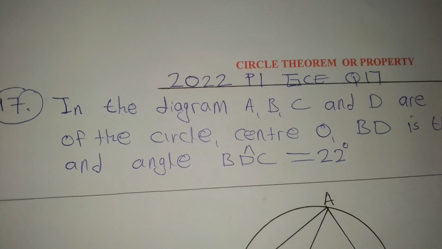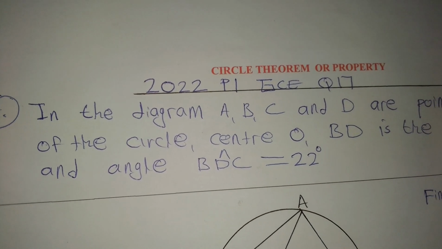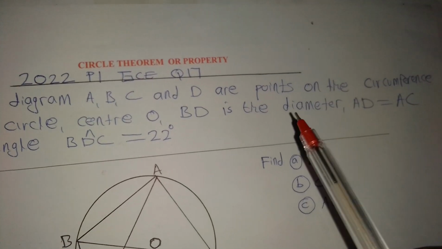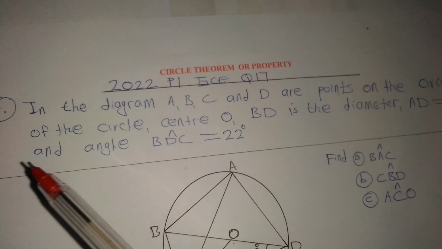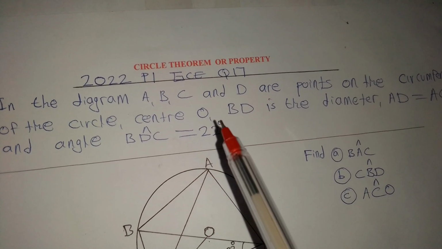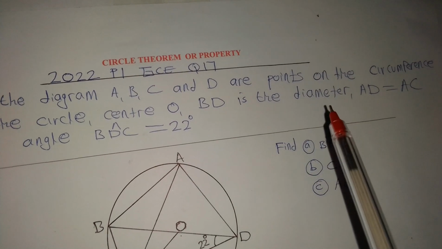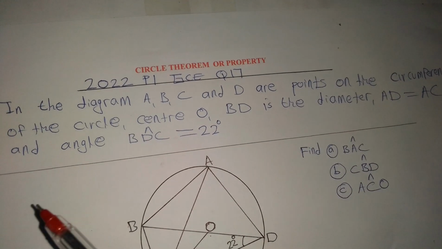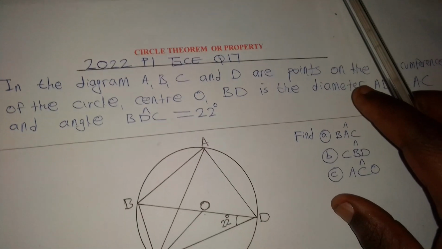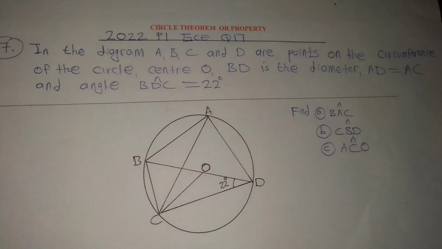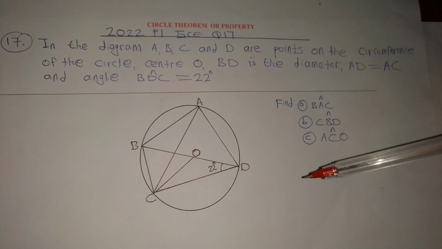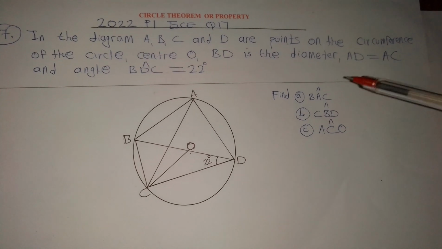In the diagram, A, B, C and D are points on the circumference of the circle, center O. Then BD is the diameter, AD is equal to AC, and angle BDC is equal to 22 degrees. So this is the information that we have been given, okay? And on my right hand side there are questions.